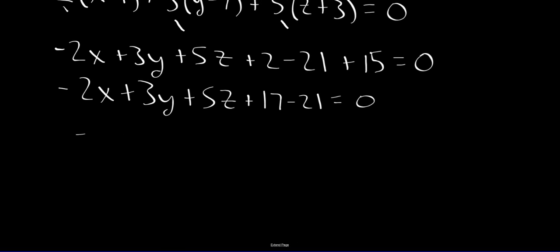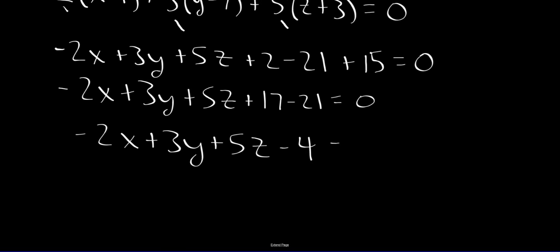So finishing this off, negative 2x plus 3y plus 5z minus 4 equals 0. And there's the equation for the plane. And you can very quickly see the normal vector, negative 2, 3, and 5. So that's the way we're going to write the equation for a plane.